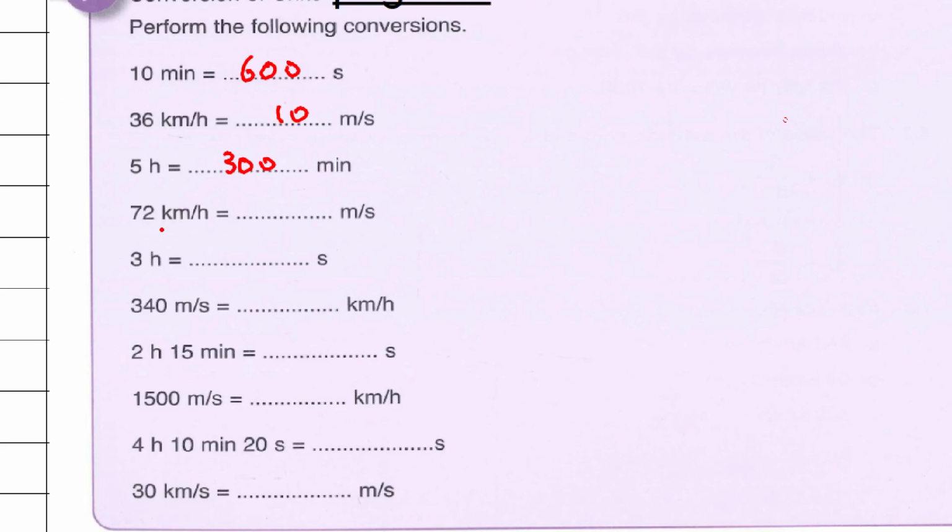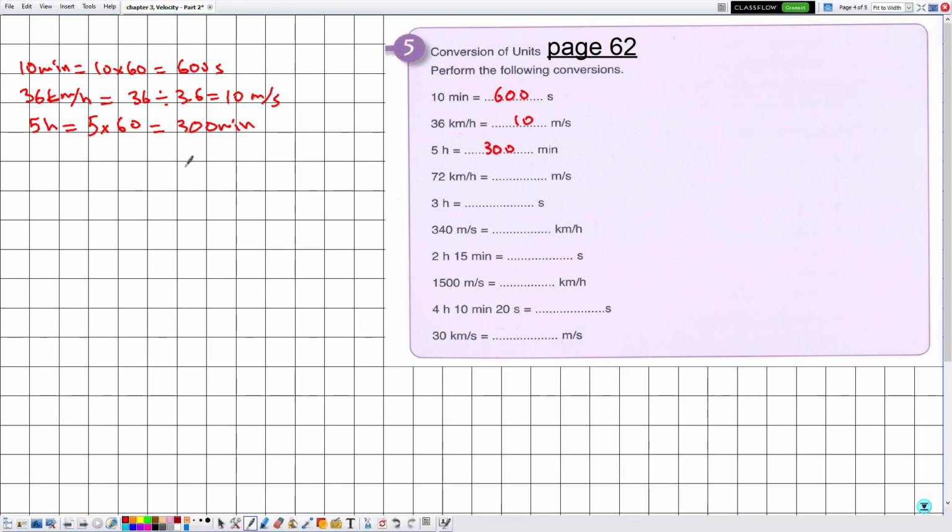Now, in order to convert from kilometers per hour to meters per second, we simply divide by 3.6. So 72 kilometers per hour, dividing 72 by 3.6, plugging this into the calculator, we get 20 meters per second.